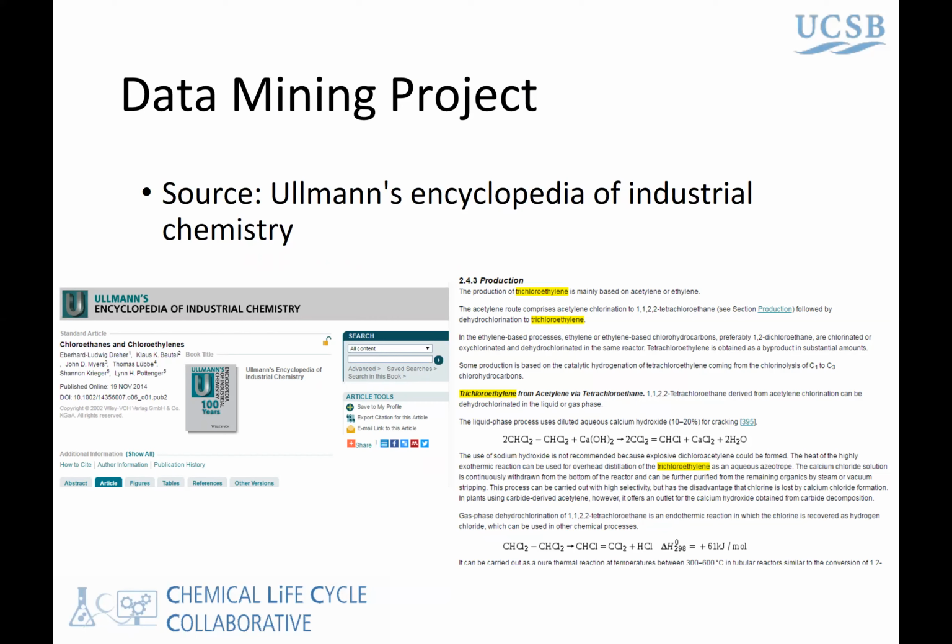Some of our students also referred to Wikipedia, but the source of Wikipedia also sometimes points to Ullmann's Encyclopedia. This encyclopedia is a very comprehensive chemical information database, and if you search the chemical name, very often it will give you an industrial standardized chemical report, which often contains a section called production.